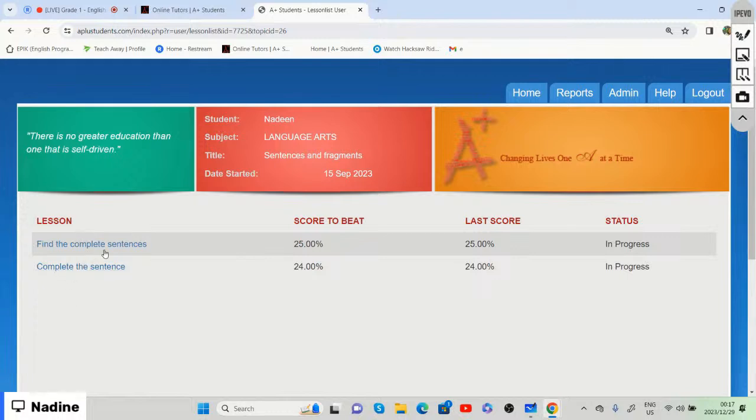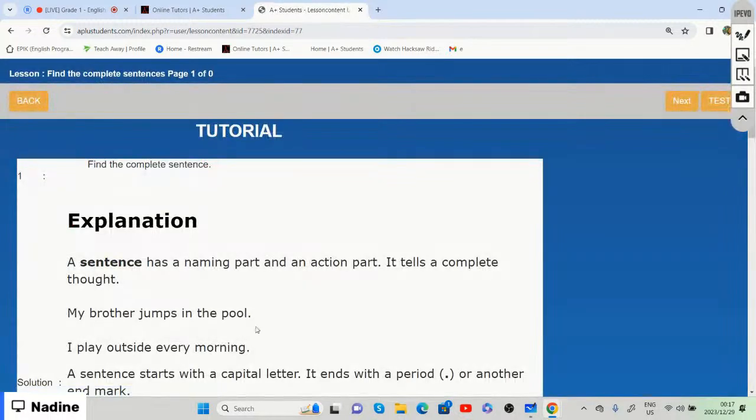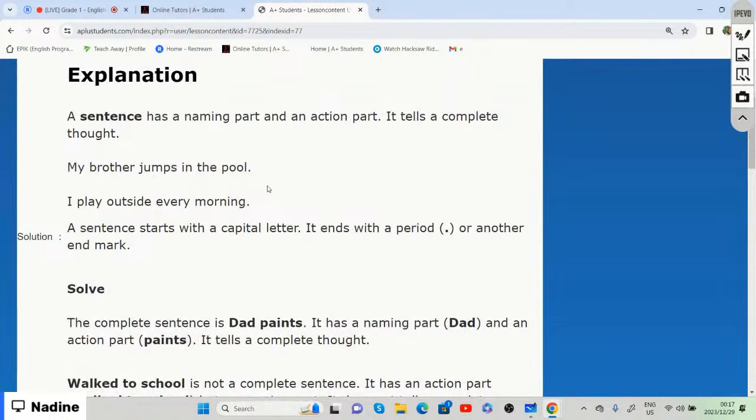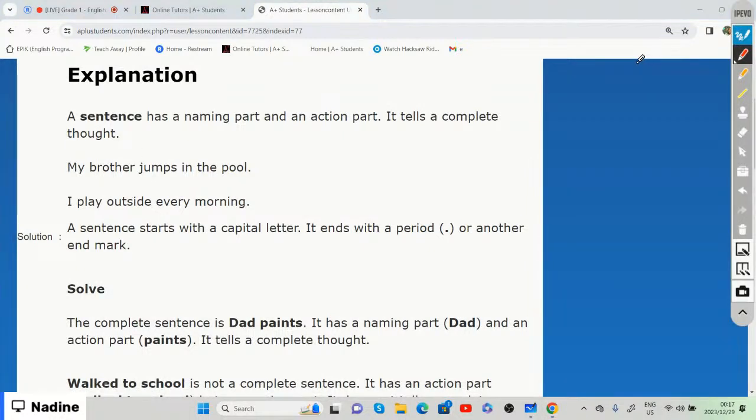So now we're going to find the complete sentences. And we see the sentence has a naming part, and the sentence has an action part, and it tells a complete thought, right?